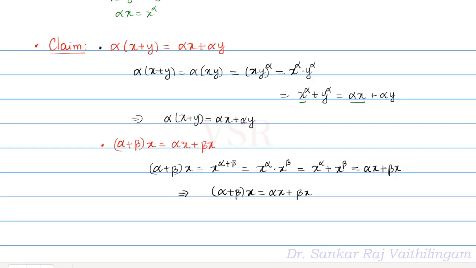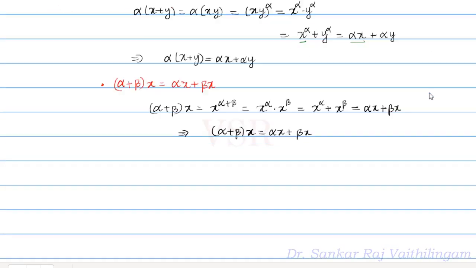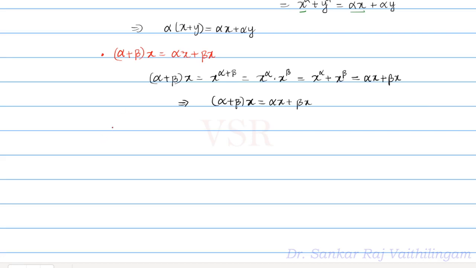Okay, the next property, we need to go for this one: alpha beta of x is equal to alpha times beta of x. Can we prove this? Now alpha beta of x, I can rewrite it this way, x to the power alpha beta.